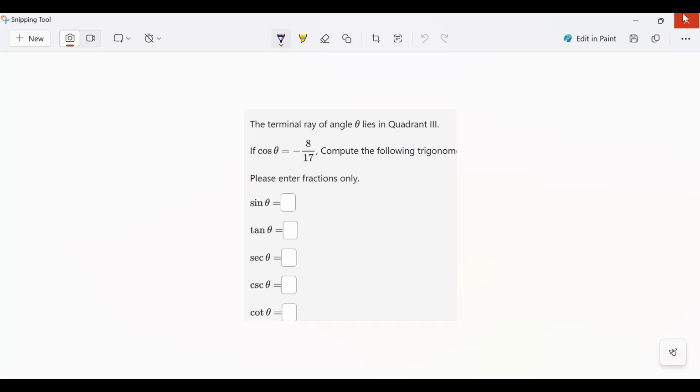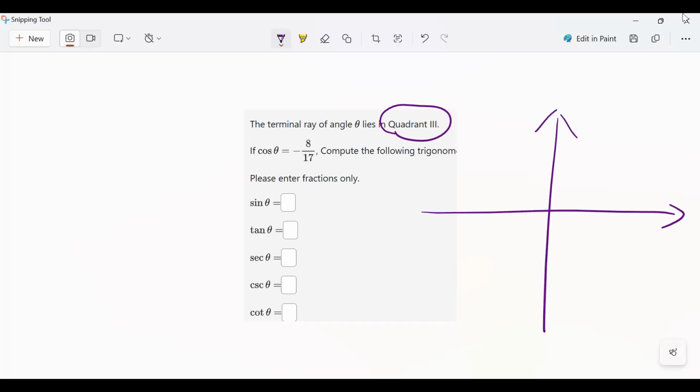All right, let's go over the solution here. So this is in quadrant 3. So you're going to put it in the third quadrant here, and the angle theta is here. This is the reference angle theta. And for this, adjacent is going to be -8.